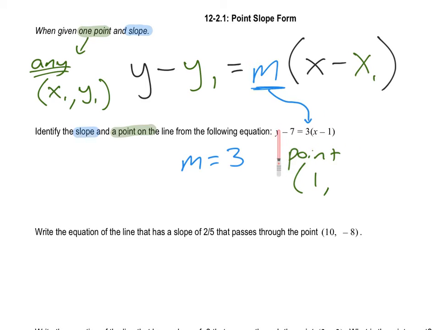And then over here with this y is the other y value. So again, the opposite is 7, positive 7. So again, the slope was 3. We saw that right there in the equation. And then we take the opposite numbers out for x and for y.